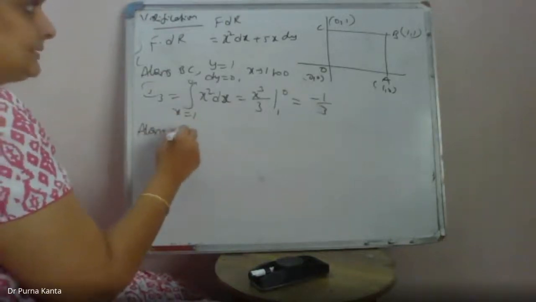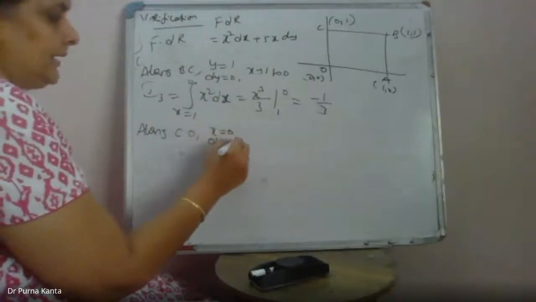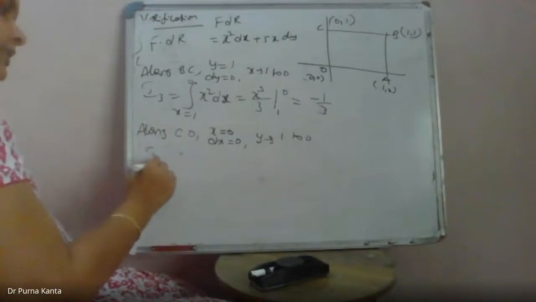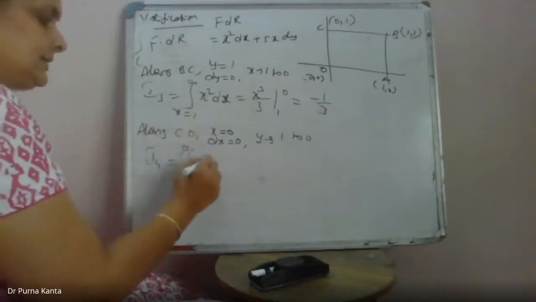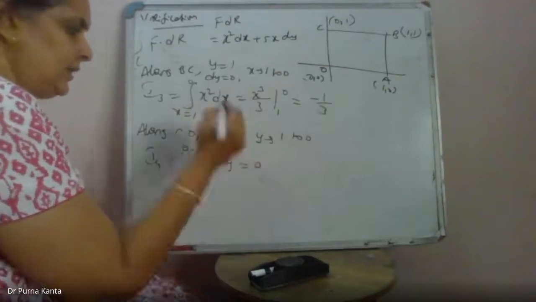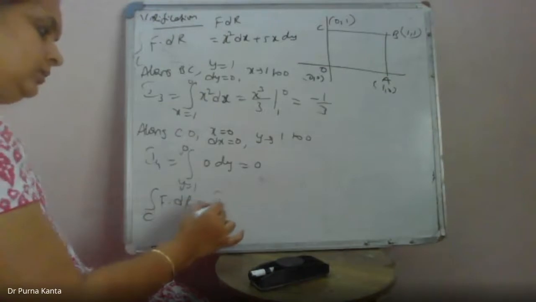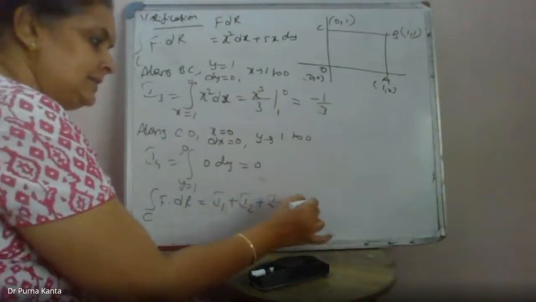Along CO, we have x equal to 0, dx is equal to 0, y from 1 to 0. So I4 is equal to y equal to 1 to 0, x is 0, dx is 0, so 0 dy, which is equal to 0. So integral over C, f dot dr is equal to I1 plus I2 plus I3 plus I4.